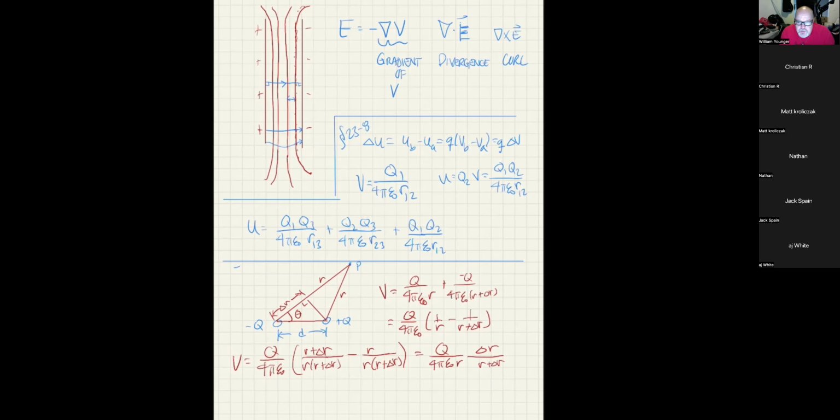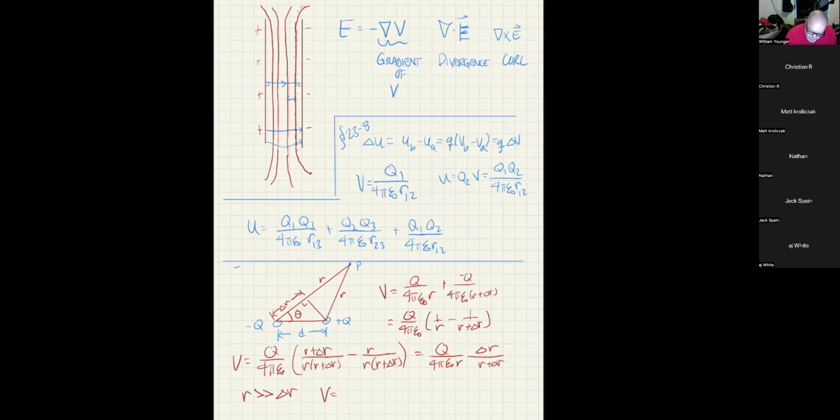Now you can consider a scenario where R is much bigger than delta R. That's a very normal situation when you're really far away. So if you say R is much greater than delta R, then you can simplify this. If you notice the triangle down here, delta R is actually equal to D times cosine theta.